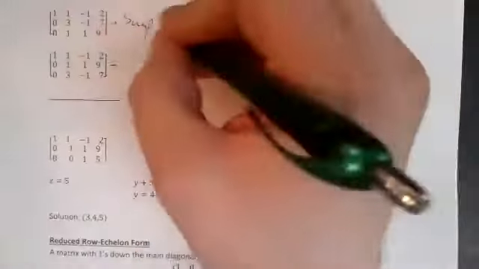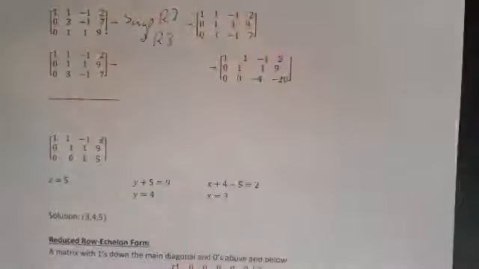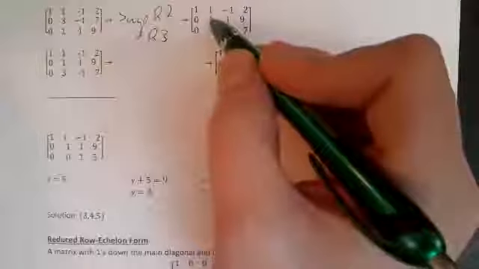What I did is I swapped row 2 and row 3, so now we have our 1 on the diagonal here.